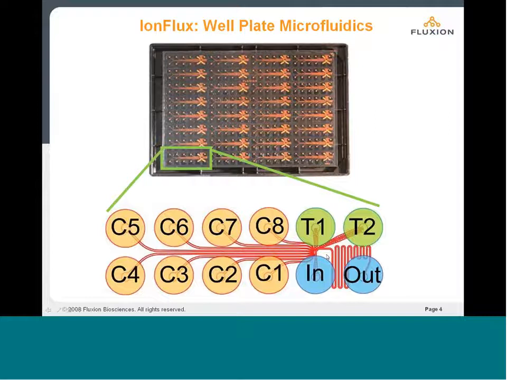So one of the unique features of the IonFlux platform is the fact that we have continuous flow throughout the experiment. So we have a solution in the main flow channel that's continuously flowing, and then at selected times we would be adding compounds, and the compounds would be held within these 8 wells marked C1 to C8.